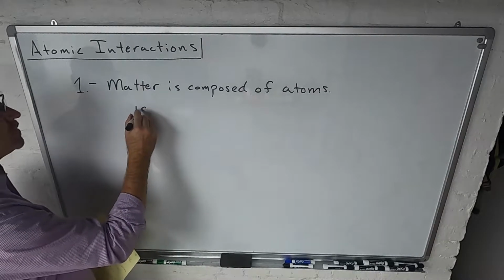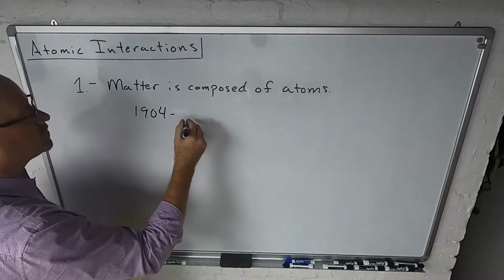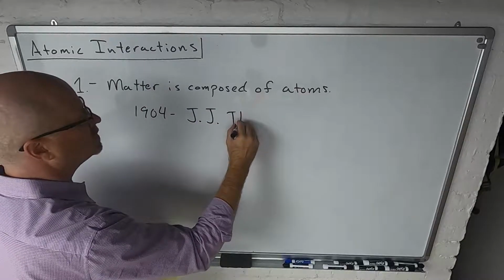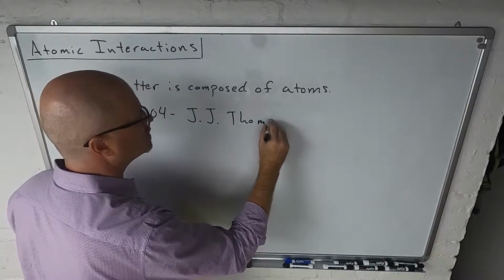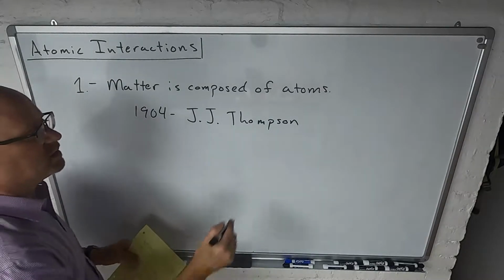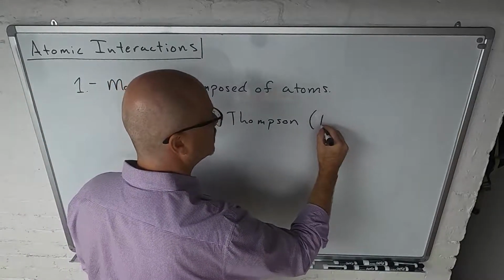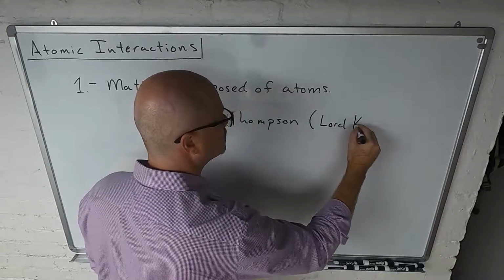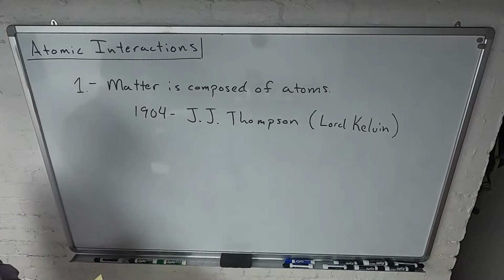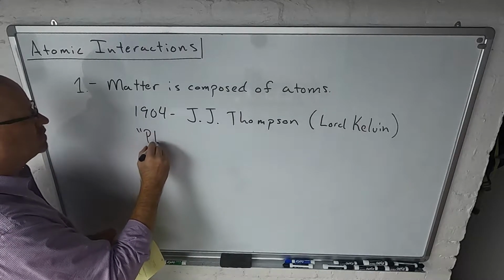The best possible theory in 1904 was from J.J. Thomson, a British chemist and physicist. I think he was also Lord Kelvin. He proposed what was known as the plum pudding model.